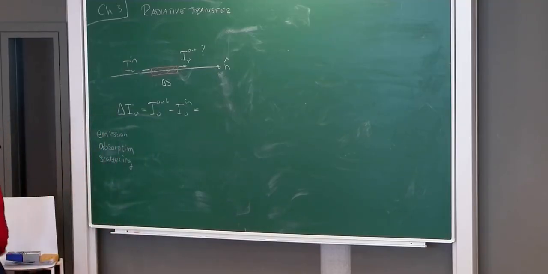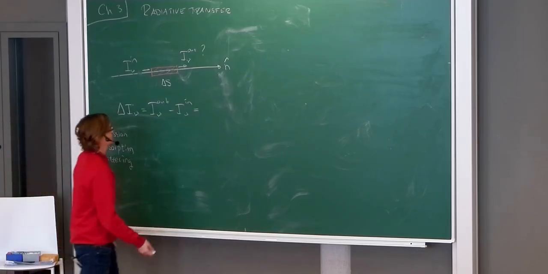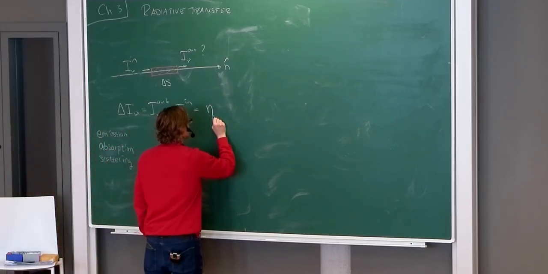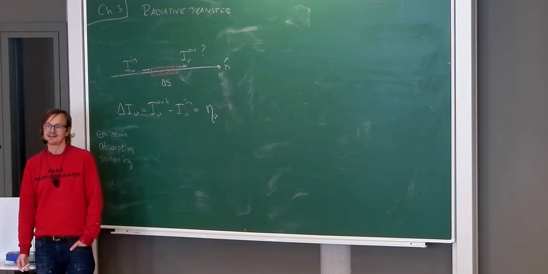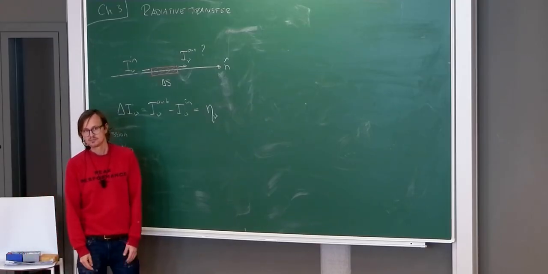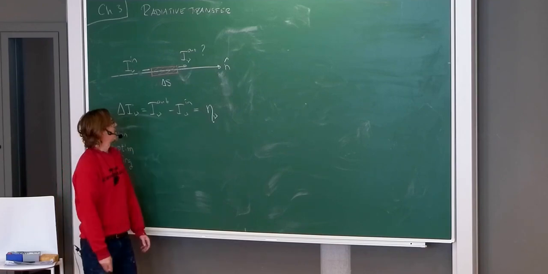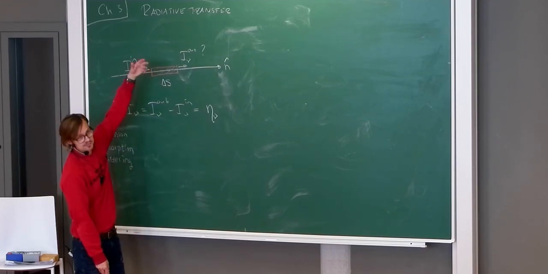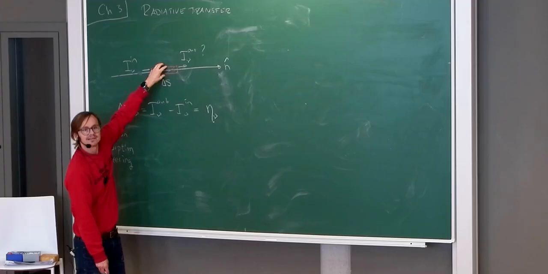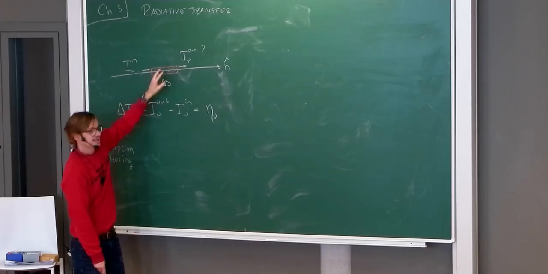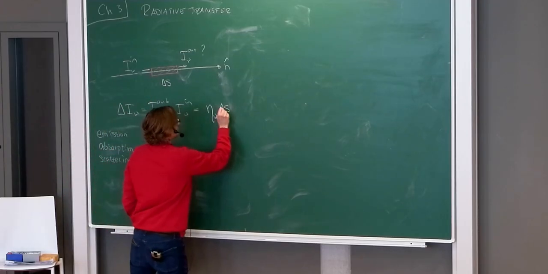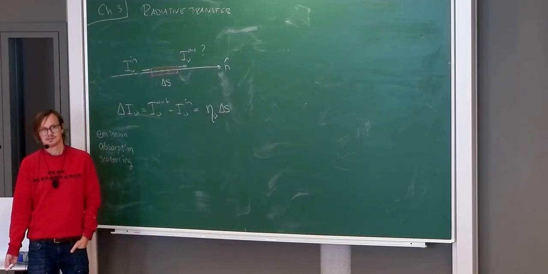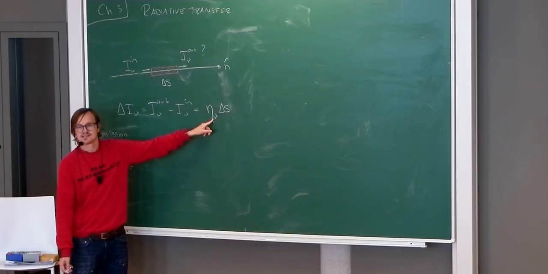So first we're going to analyze what energy is added to the beam. And then we're going to describe this with a coefficient. We're going to call it eta at a specific frequency nu. So that's going to describe how much energy, or specific intensity in this case, is added to the beam in this segment. And intuitively then, this is going to be proportional also to the length of the segment. Okay? We're not going to specify what this is now or where it comes from.